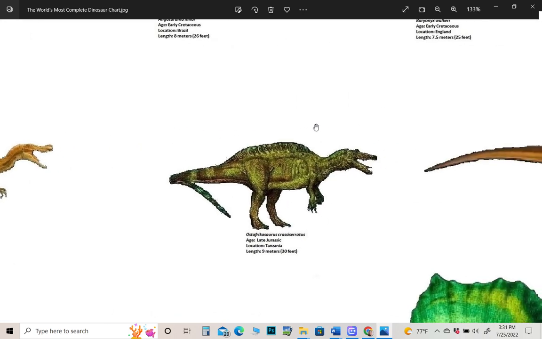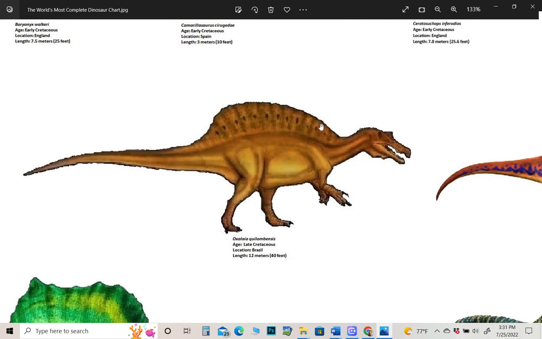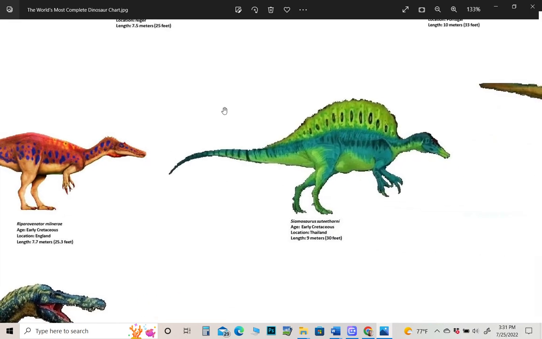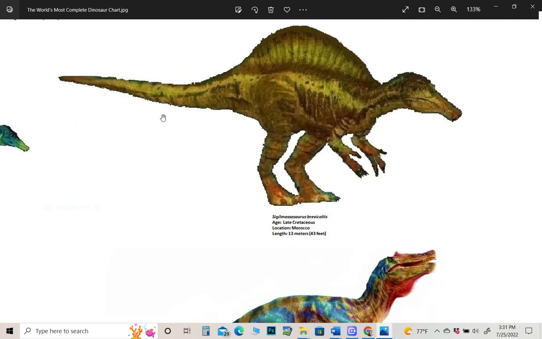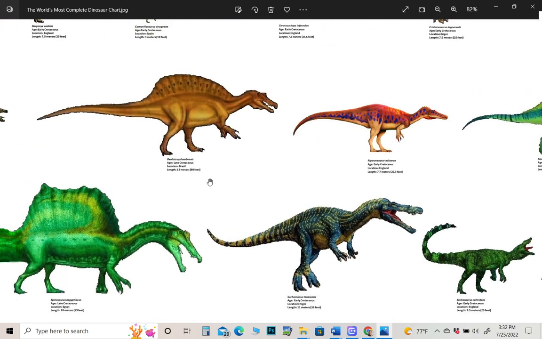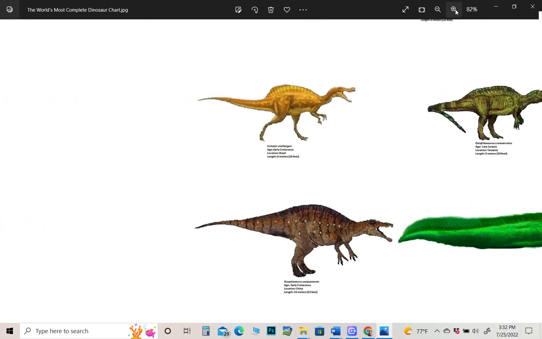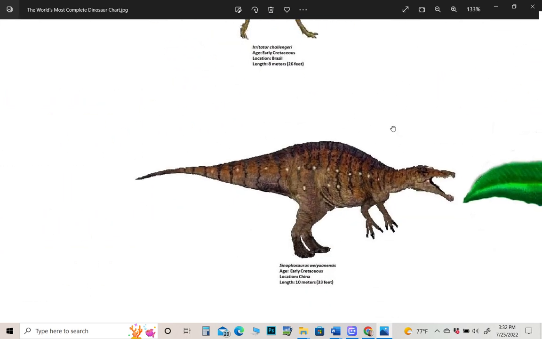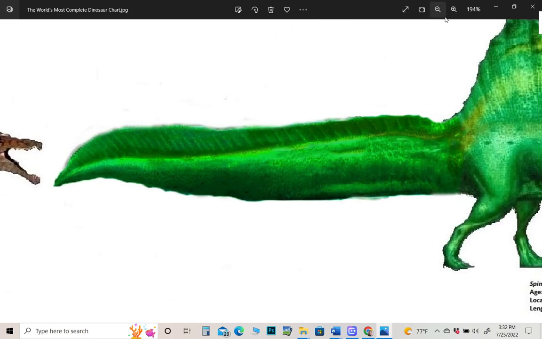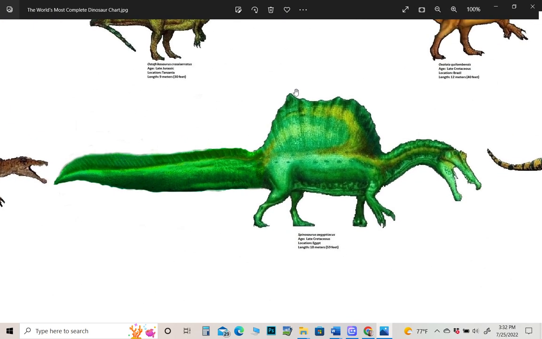Irritator, Ostafrikasaurus, Oxalaia, Riparovenator, Siamosaurus, Sigilmassasaurus, Sinopliosaurus, and we have Spinosaurus, which is the ever-changing.